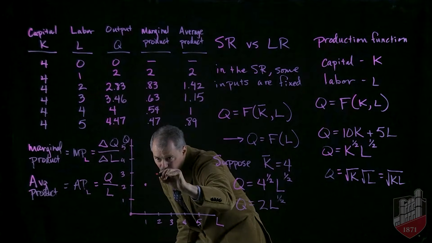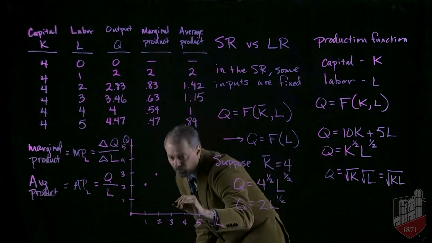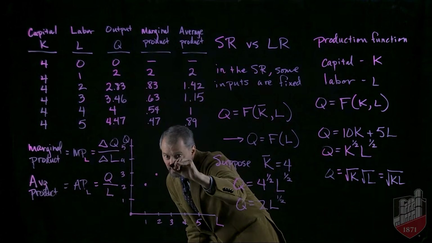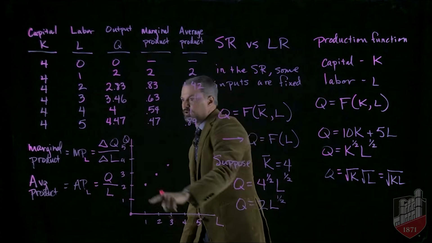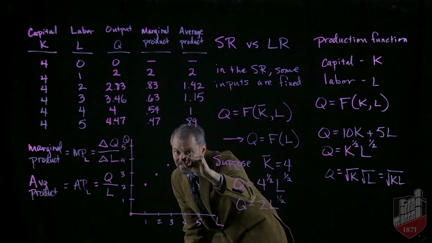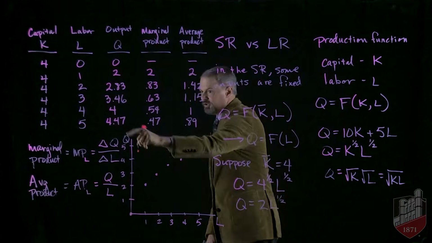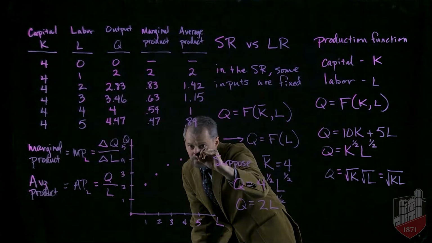So that's somewhere right in there. 3 units of labor, I have 3.46. So that's somewhere roughly there. And then 4 units of labor, I get 4 units of output. That's somewhere right here. And 5 units of labor, I get 4.47. That's somewhere maybe right there.